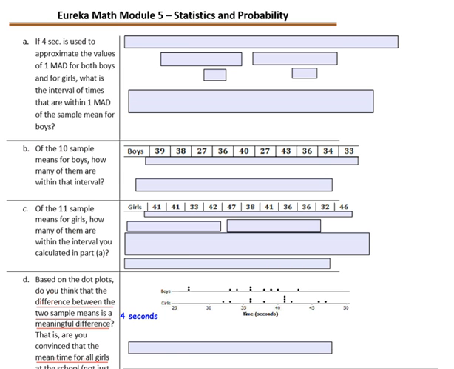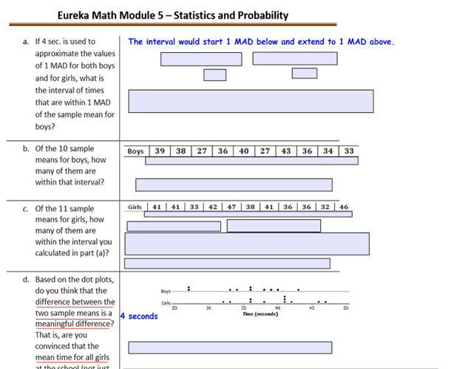Question A. If 4 seconds is used to approximate the value of 1 MAD for both boys and girls, what is the interval of times that are within 1 MAD of the sample mean for the boys? The interval would start 1 MAD below and extend to 1 MAD above. So we have 35.3, take away 4 seconds, and that gives us 31.3 seconds.